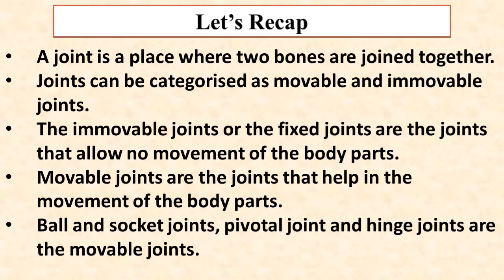The immovable joints or the fixed joints are the joints that allow no movement of the body parts. Movable joints are the joints that help in the movement of the body parts. Ball and socket joints, pivotal joints, and hinge joints are movable joints.